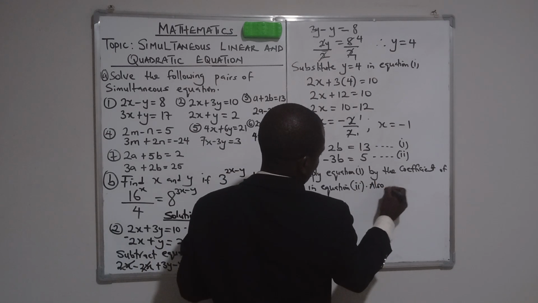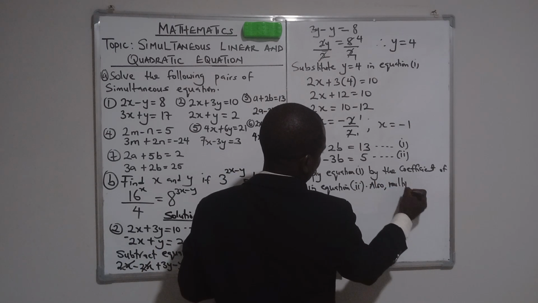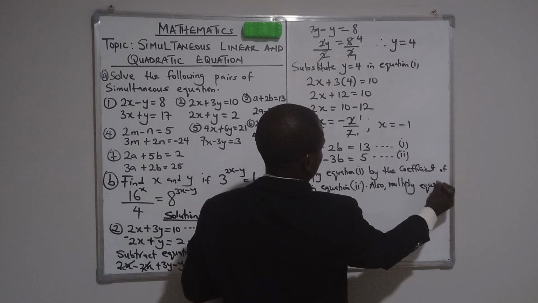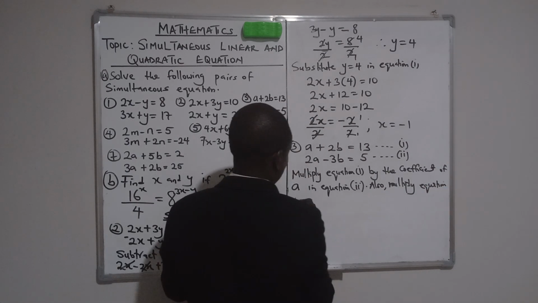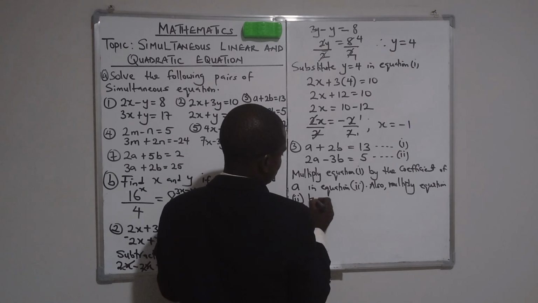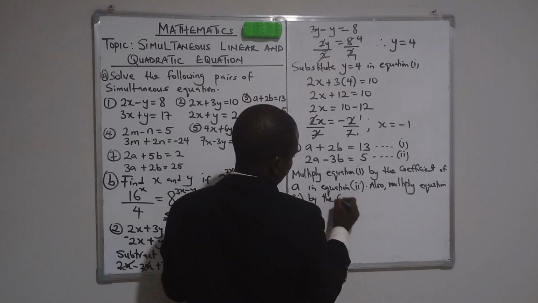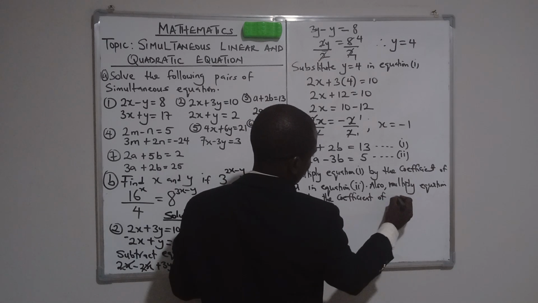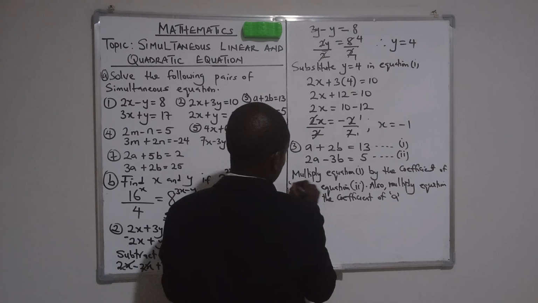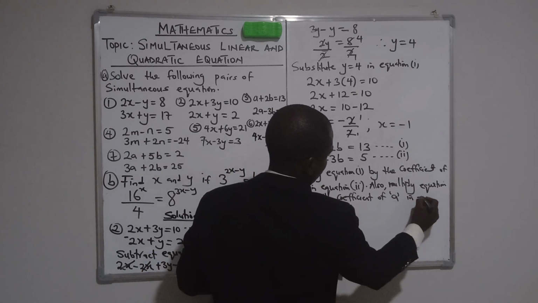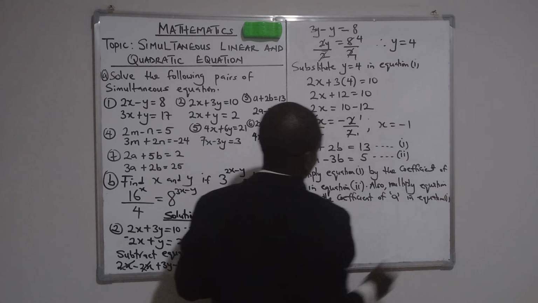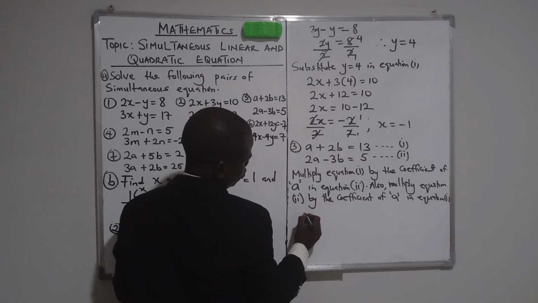Also multiply equation 2 by the coefficient of a in equation 1. Now let's go ahead.